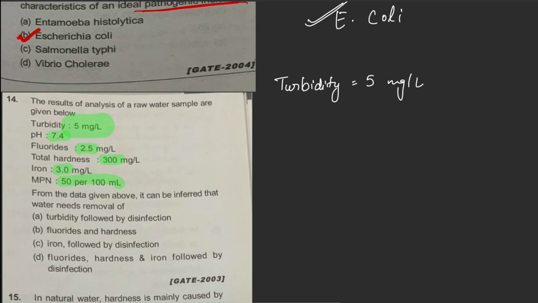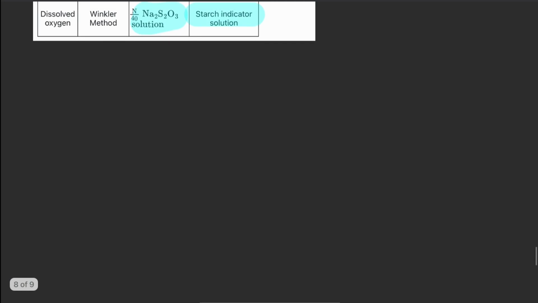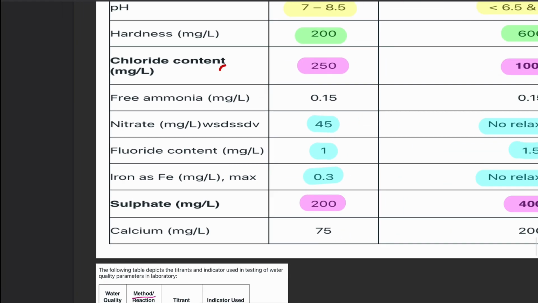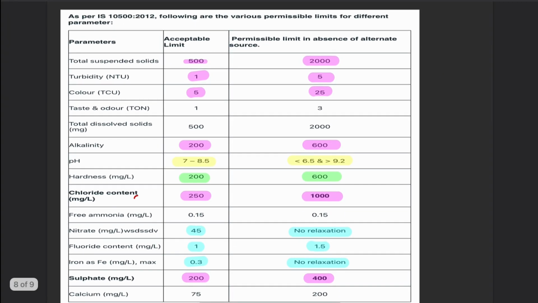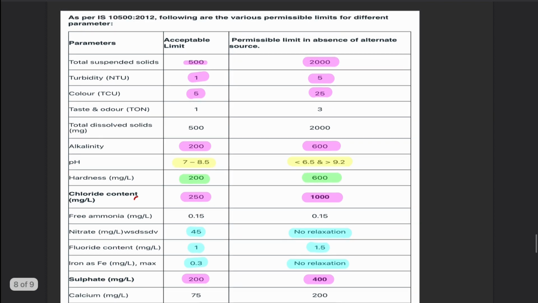What is in the safe limit and what should be removed? I have discussed in previous lectures the specific parameters of water and their acceptable limit and permissible limit in absence of any other alternate source. Turbidity acceptable limit is 1, but we can manage with 5 as well, so 1 to 5 is okay.